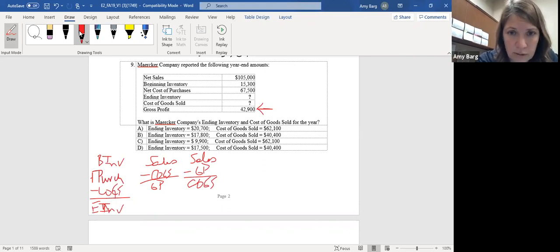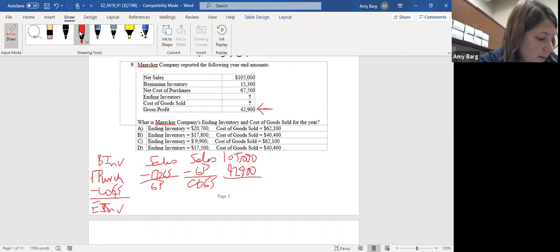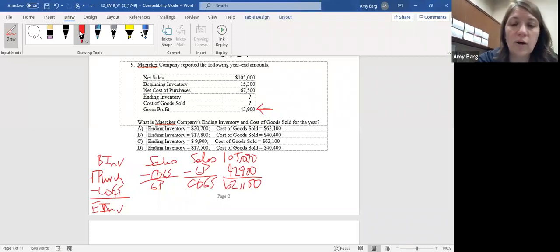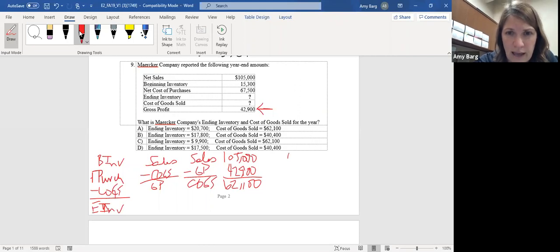So we know sales is 105,000. And we know that gross profit is 42,900. So that will give us cost of goods sold of 62,100. And now we can go back and plug into that beginning inventory equation, right? So beginning inventory shows us as 15,300.